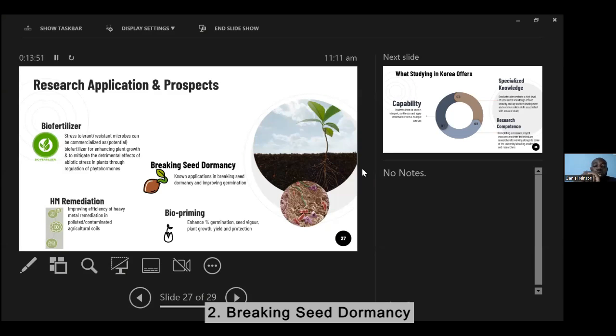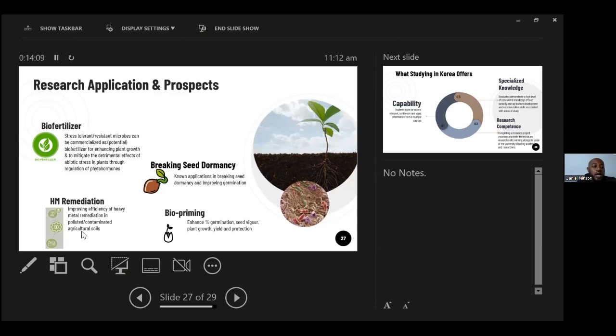There are also known applications in breaking seed dormancy, where seeds of certain plants have difficulty rupturing their seed coats, and for that matter, germinating and establishing. This could also be used.